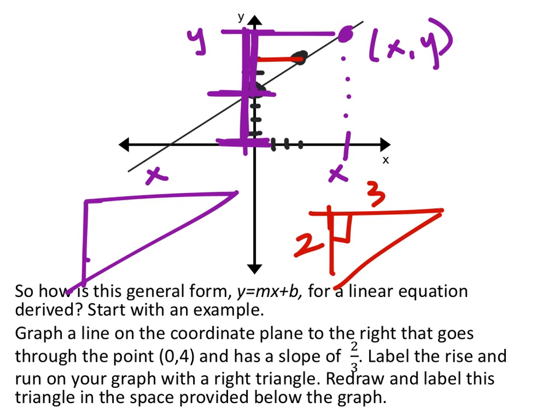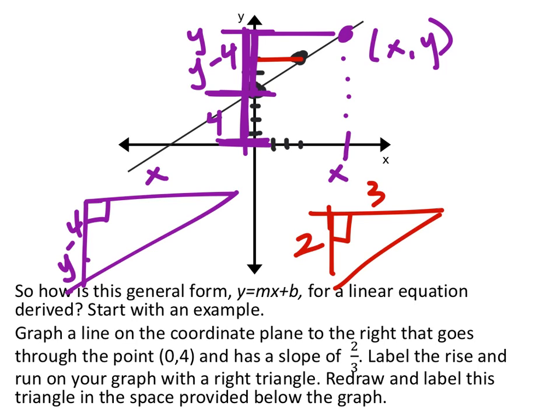But this point right here is 4, so this right here would be y minus 4. So the length of this part of the triangle is y minus 4. Bam, and we've got a triangle right here. Based on what we learned last time, these two triangles should be proportional.